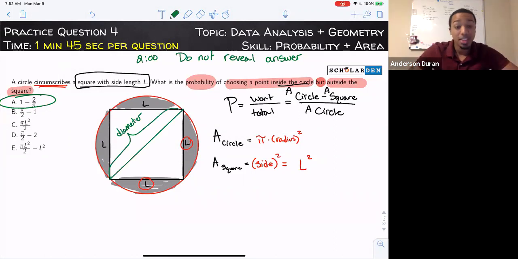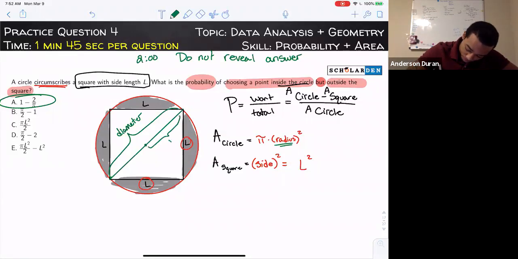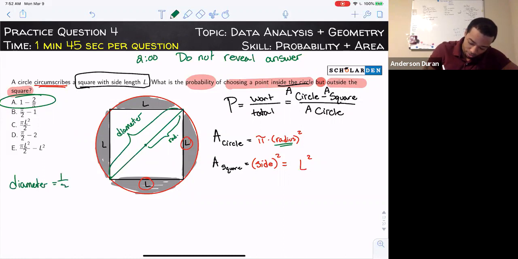We want the radius, so we want half of the diameter. But how can I get the diameter first? Because remember, the diameter is half the radius. Oh, whoops. The radius is half the diameter.